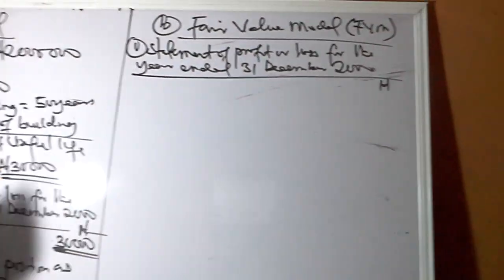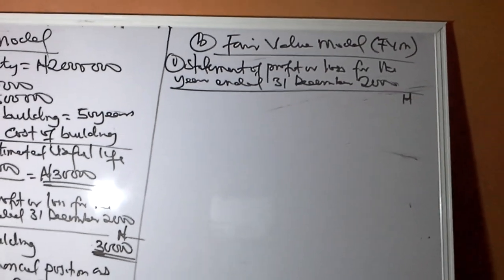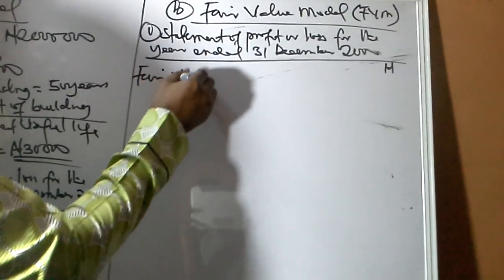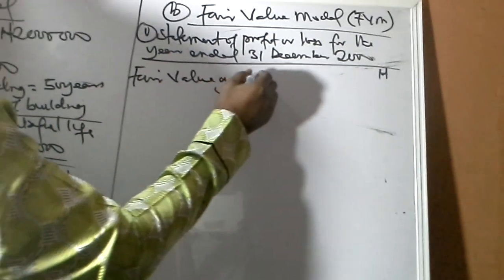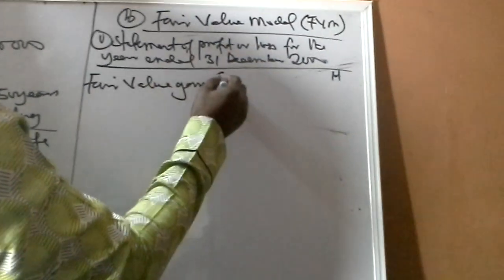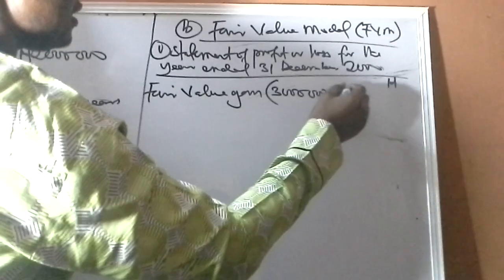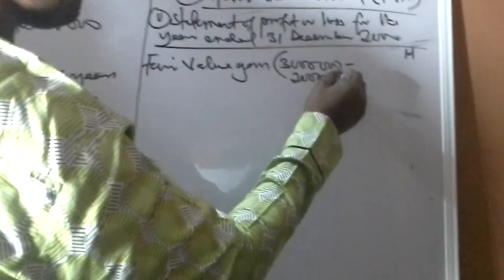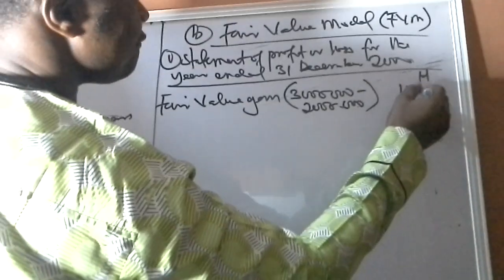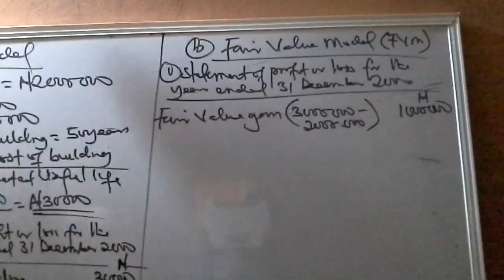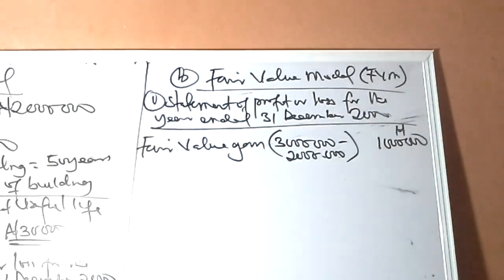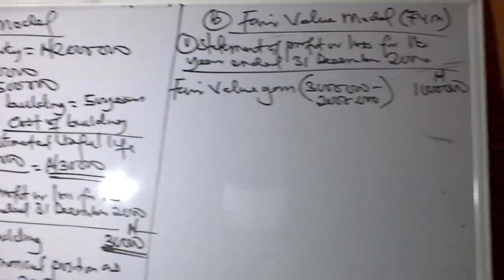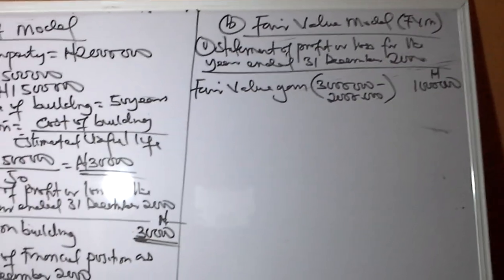So here you have a fair value gain of how much? 3 million less 2 million, you have 1 million. Is that okay? You have 1 million. So the fair value gain will appear in the income statement.